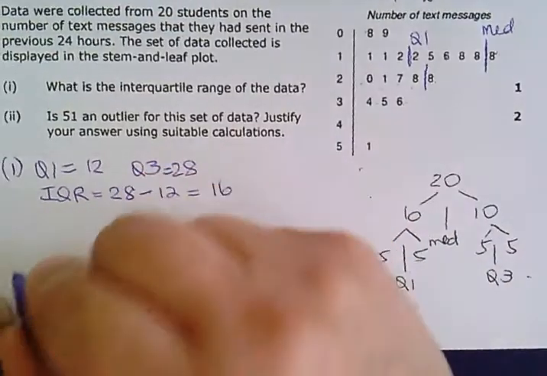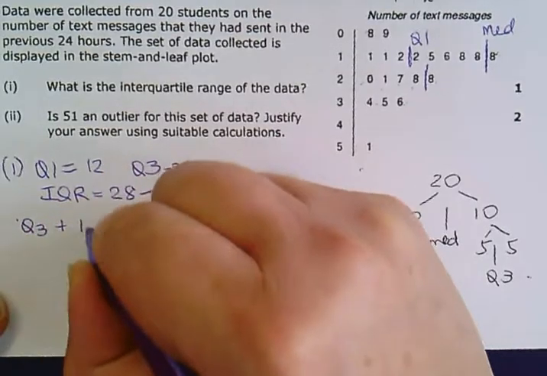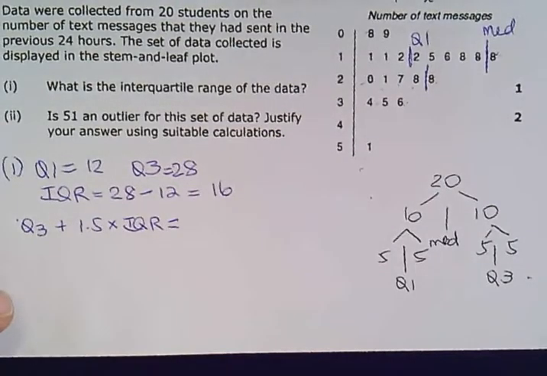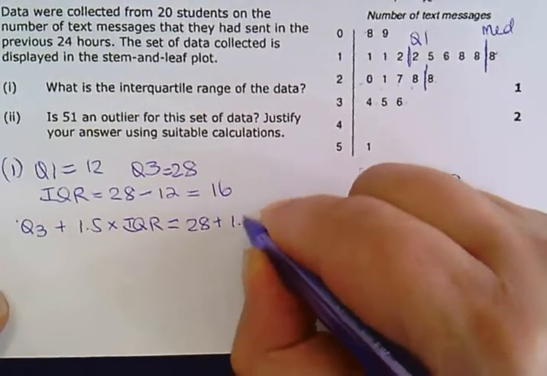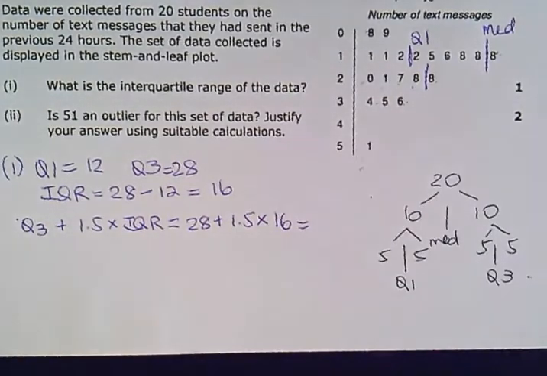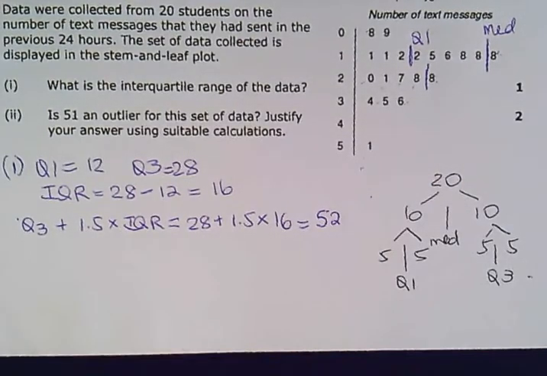So, I'm looking at Q3 plus 1.5 times IQR. So what's Q3? 28 plus 1.5 times 16 is, I think it's 28 and 24, 52. Is it 52? All right.